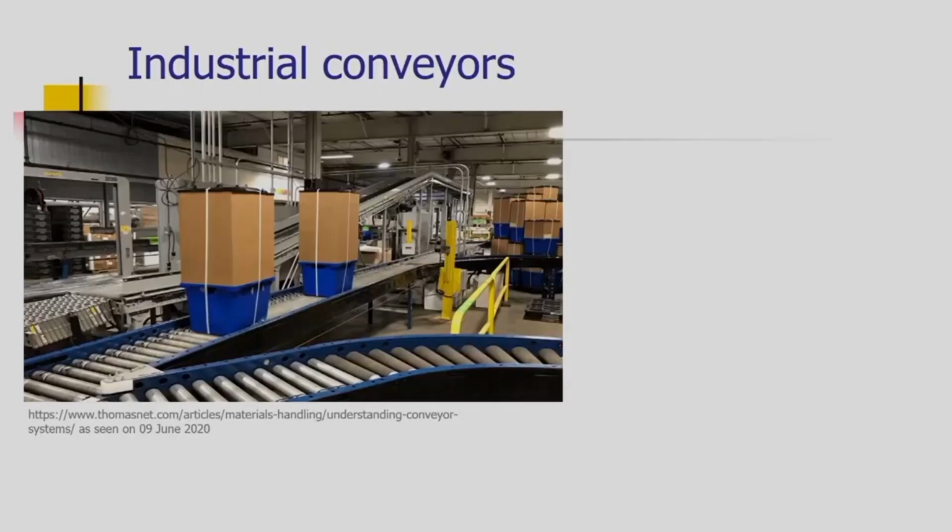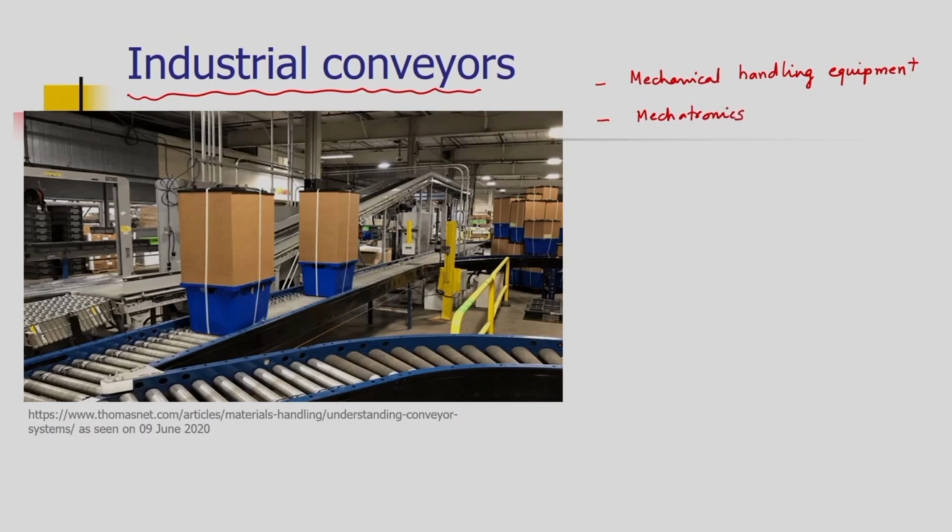Well, the next type of automated equipment that is used in industrial automation is the industrial conveyor. These are mechanical handling equipment, and with the help of mechatronics we are automating their operations.